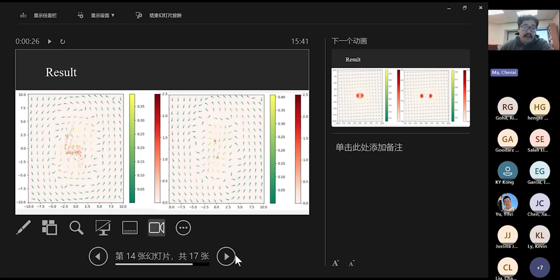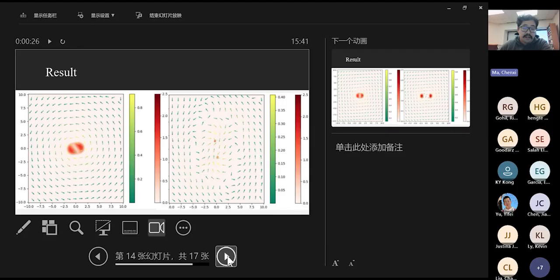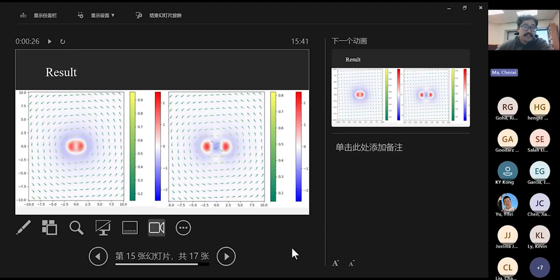How I explain this is, let's look at the resistance. Here I also put the resistance on my figure, and let's look at the first one.